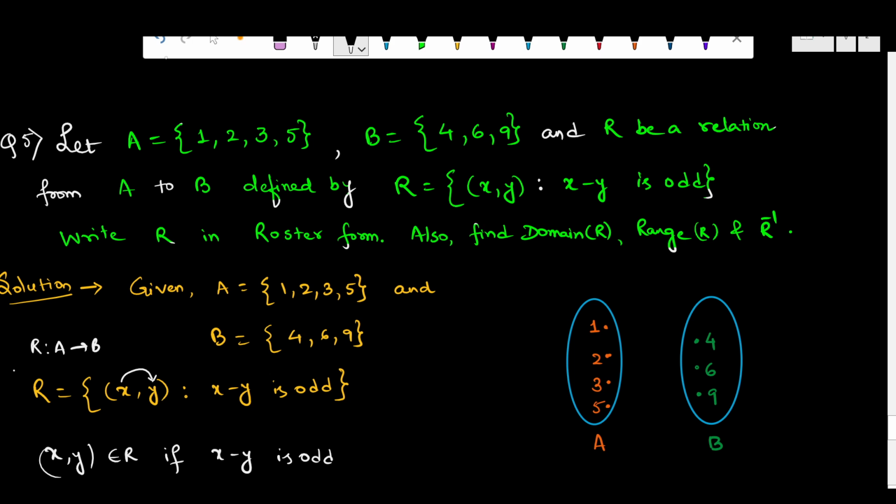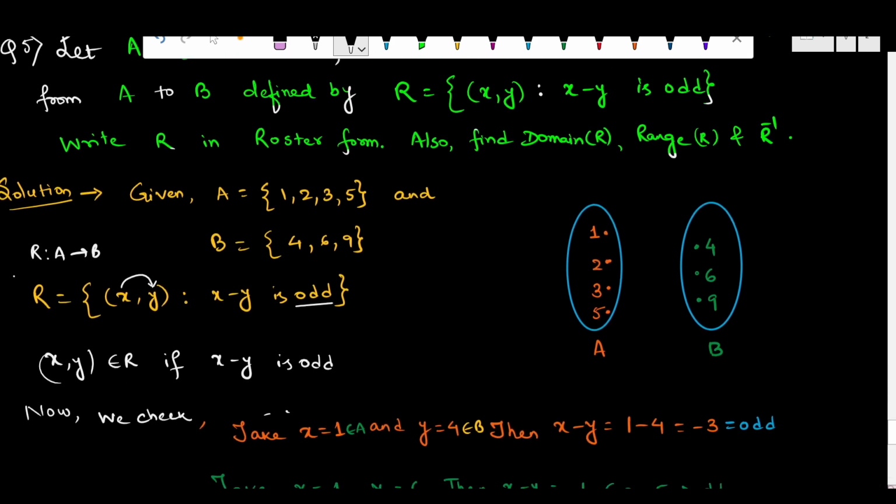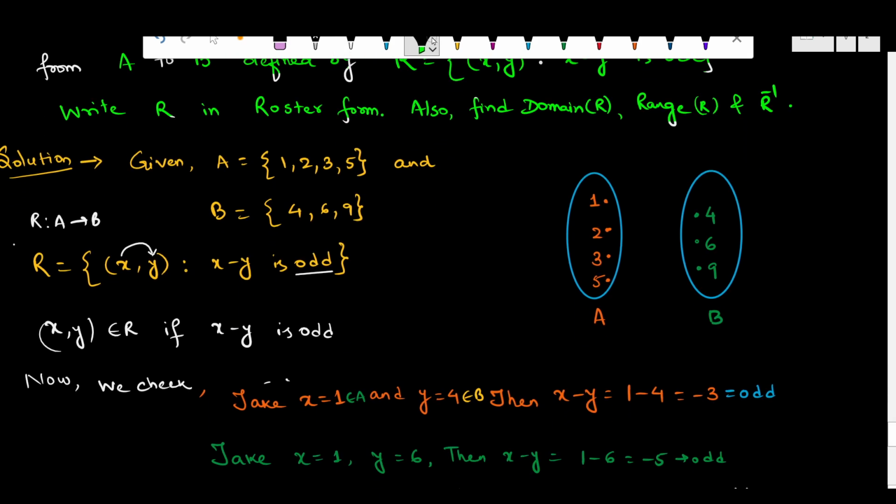Meaning the difference between the two components should be odd. Right? So we will check. This condition we must fulfill: (x, y) will belong to R if x minus y is odd. So check from the arrow diagram over here.